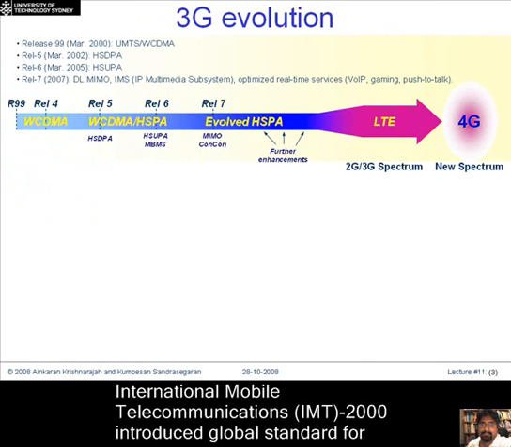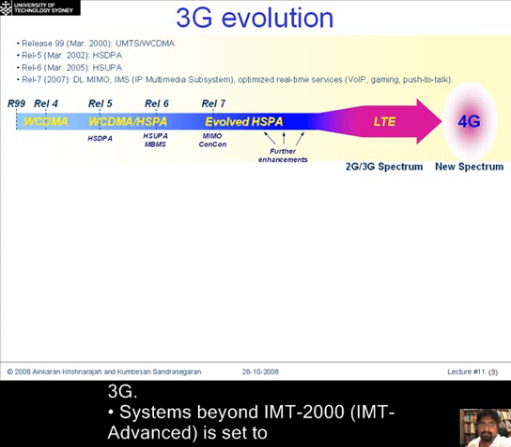Okay, in terms of evolution, I think in this subject we've sort of covered most of these technologies. We started off by looking at release 99 UMTS wideband CDMA. So we looked at how wideband CDMA works in the fourth lecture.